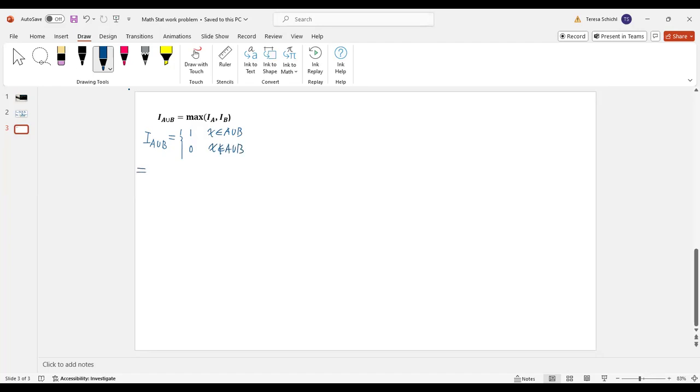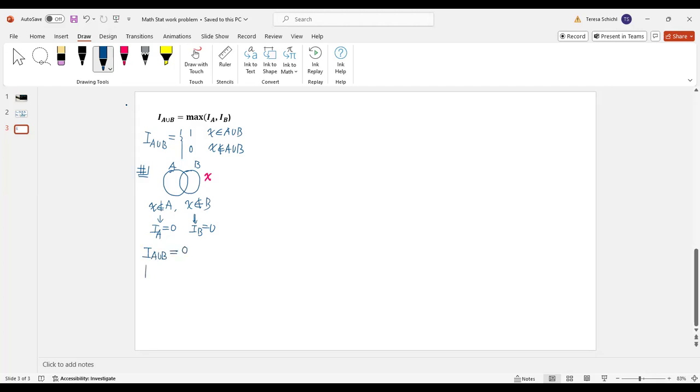Now let's take a look at situation number 1. This is A, this is B, and X is not in either, so X is here. X does not belong to A, and X also does not belong to B. So IA equals 0 and IB equals 0. Also, for A union B, because X is outside, it is 0.